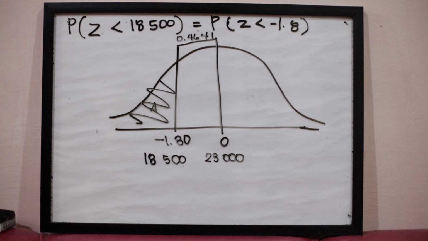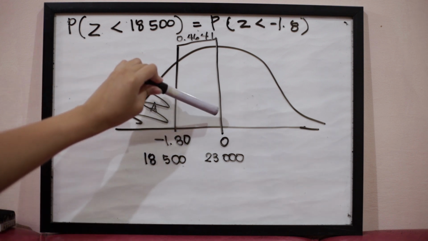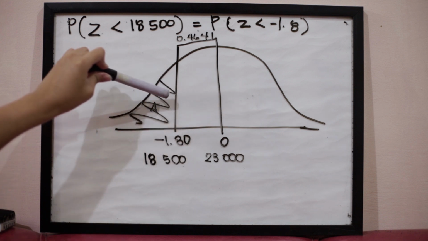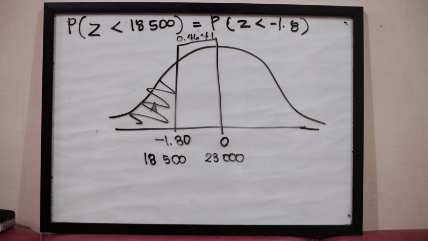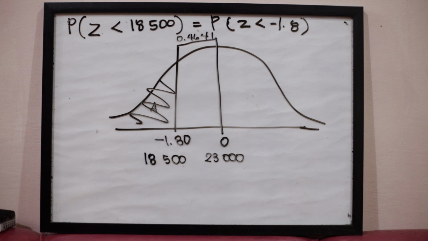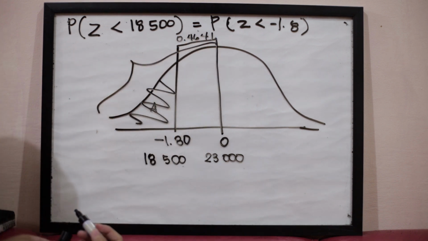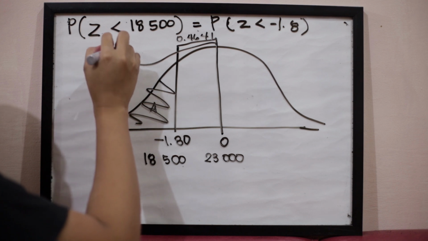Next. From this given normal curve, how are you going to solve for the shaded region, knowing that the area from 0 to negative 1.80 is 0.4641? Again, if you will notice, the half of our normal curve is included, and that is equivalent to 0.5, right?